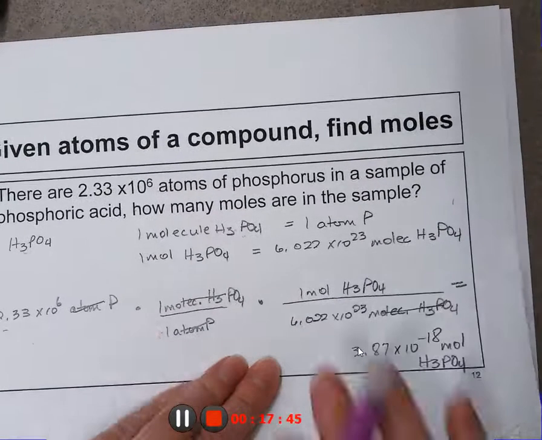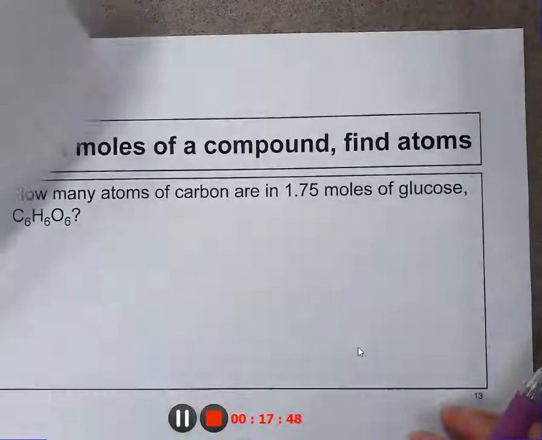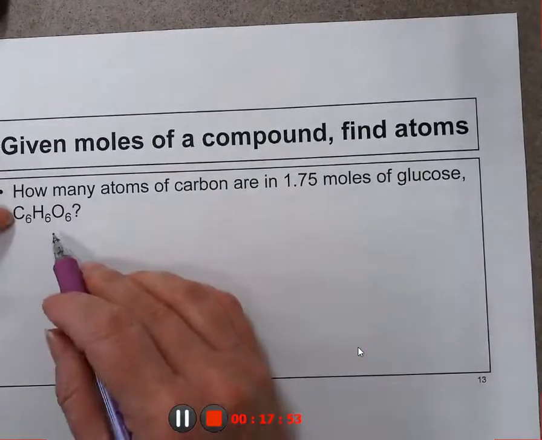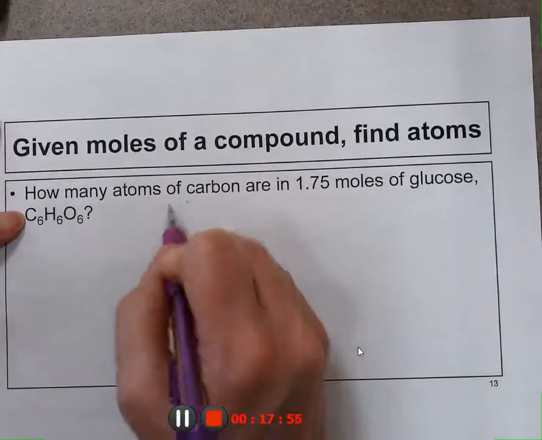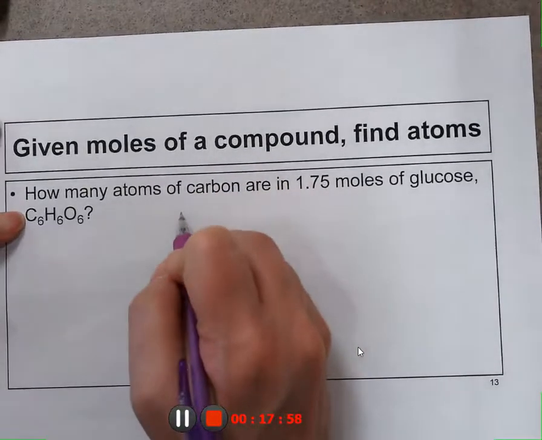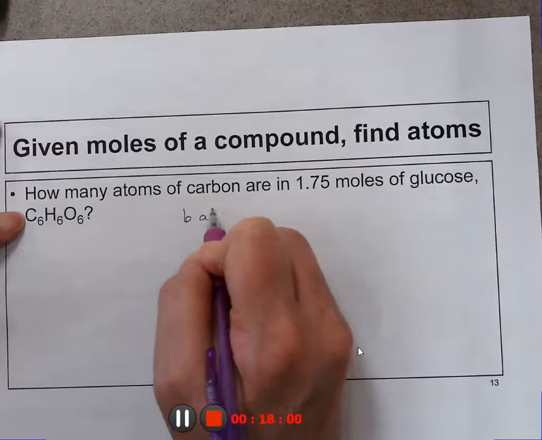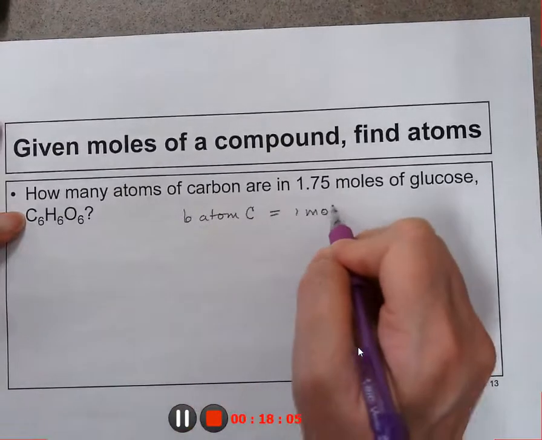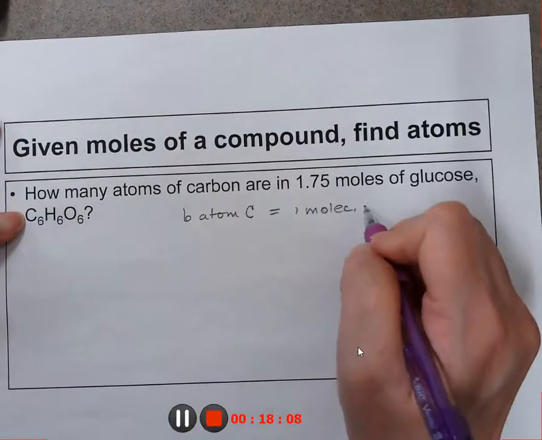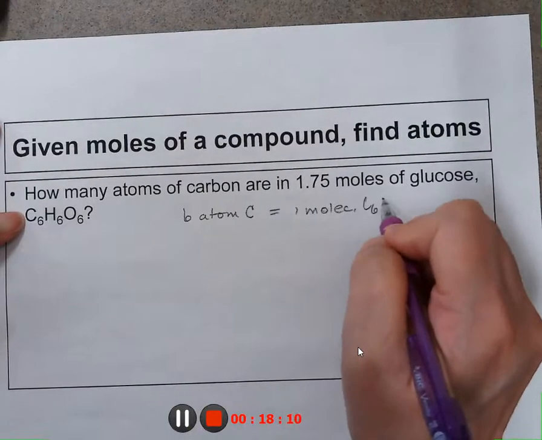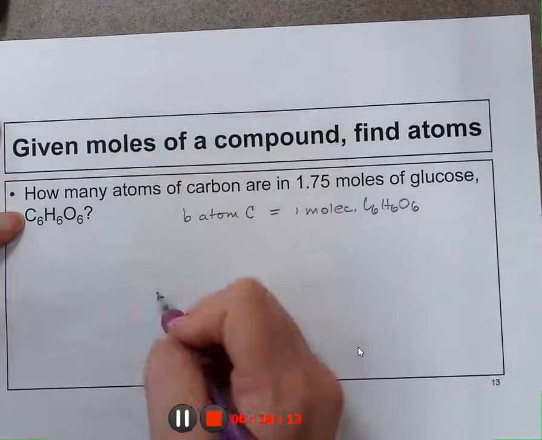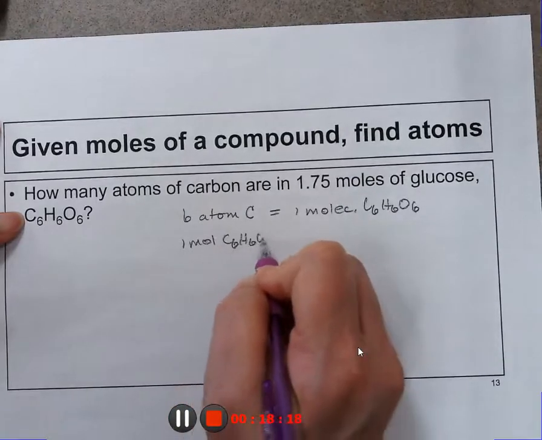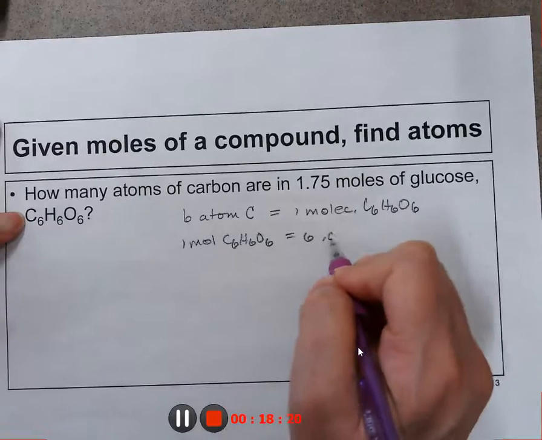So this is just going to be the same kind of problem, but in a different order. Okay. We're given moles, find atoms of a molecule. Well, I know that there are 6 atoms of carbon in one molecule of glucose. And I know that for every 1 mole of glucose, there's Avogadro's number of molecules.